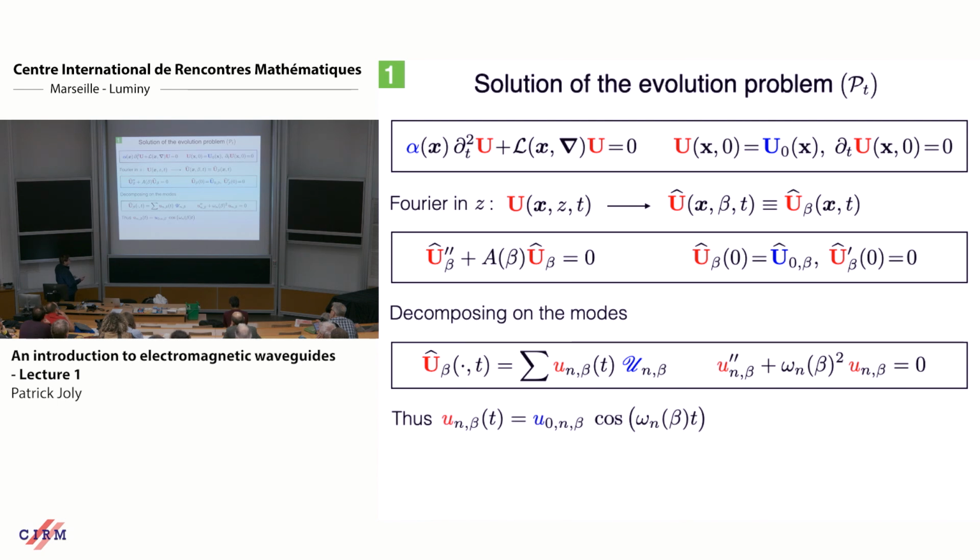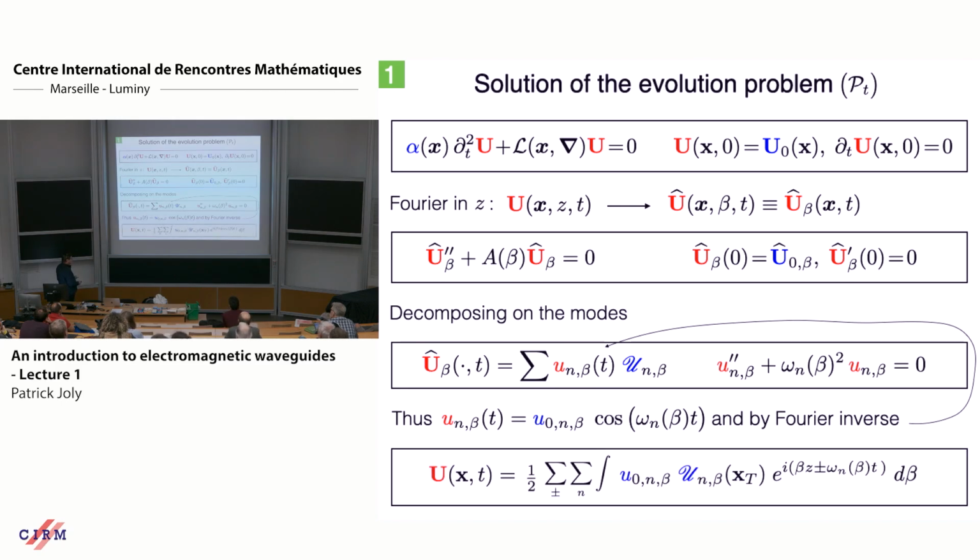You solve this explicitly, very simple. And then you apply the inverse Fourier transform to the expression you obtain after substituting the expression of un of beta. And what you get at the end is this expression.